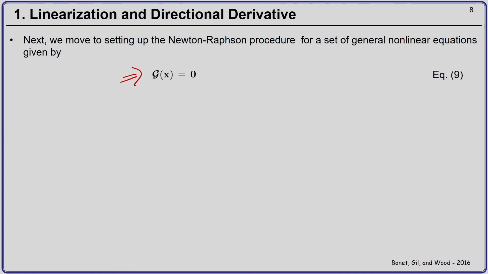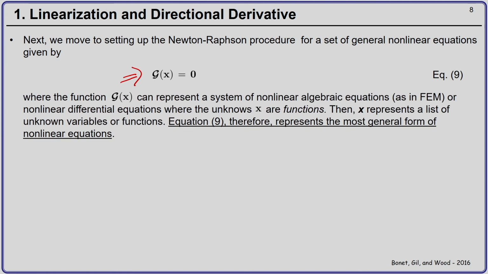Now we have bold symbols, where this function g(x) may represent a system of nonlinear algebraic equations, as one would get in the finite element method, or they may represent nonlinear differential equations where the unknown x can be functions.